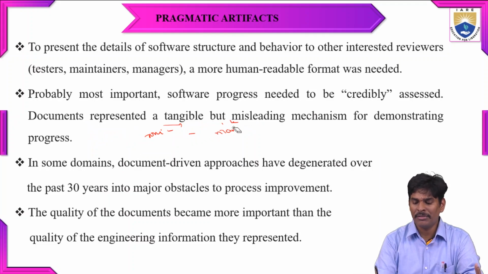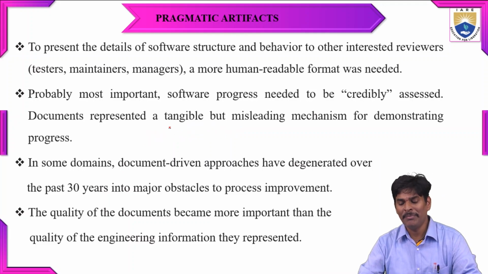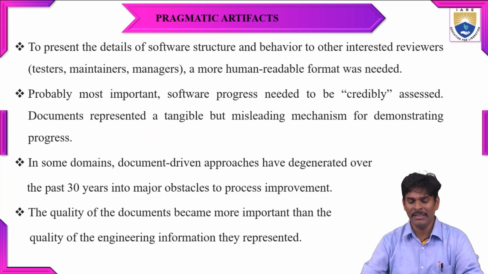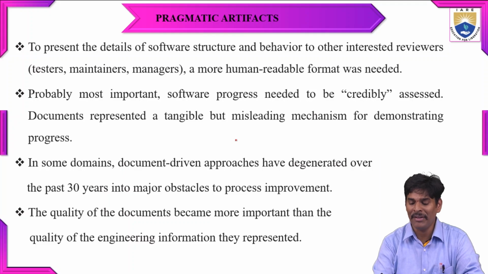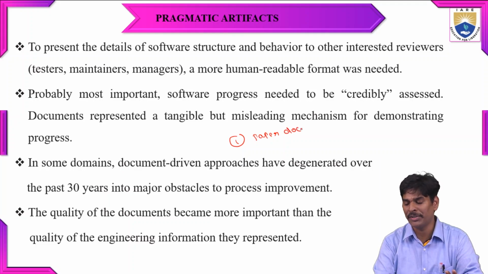Okay, the next domain is nothing but one where some domains may be document driven and degenerated over the past 30 years, so mainly they have only paper documentation. The best example is before 2015, mainly in government or any sectors, we had only paper documentation.